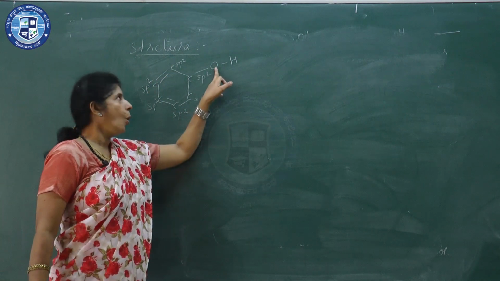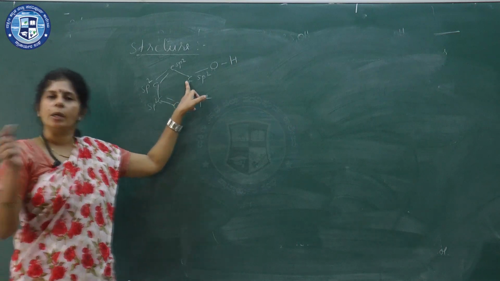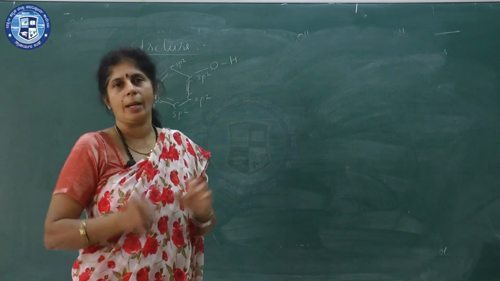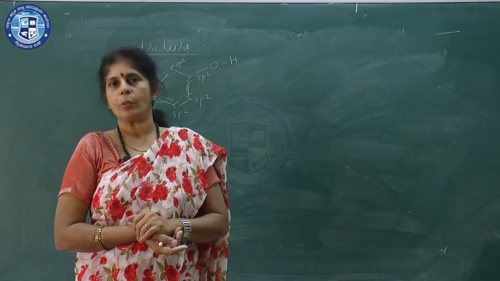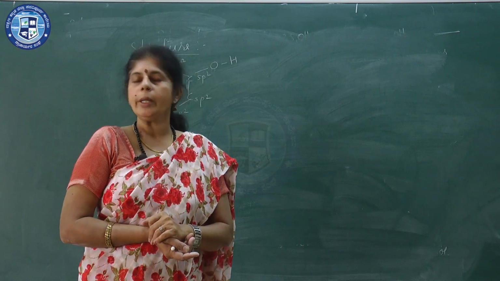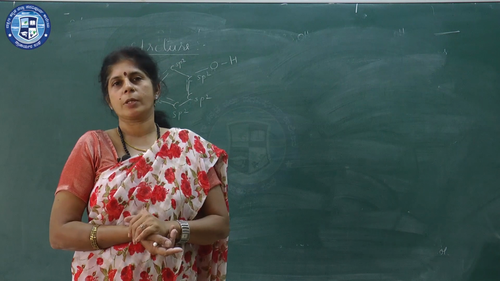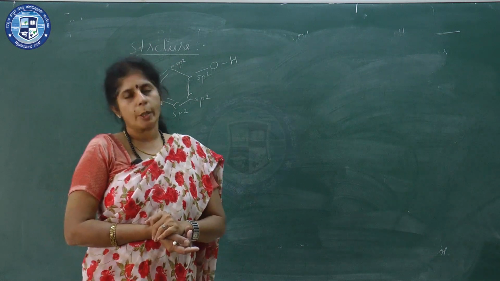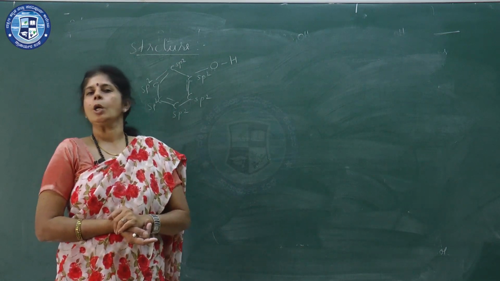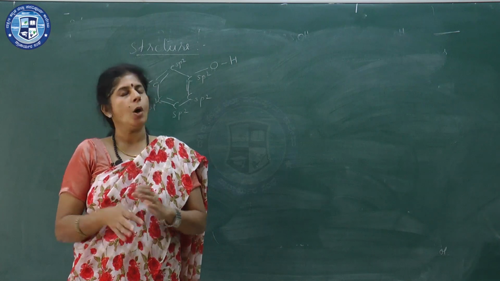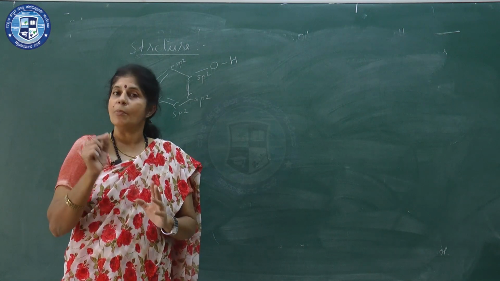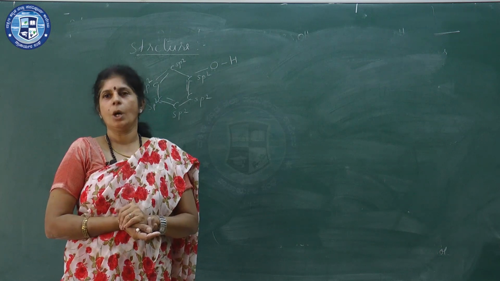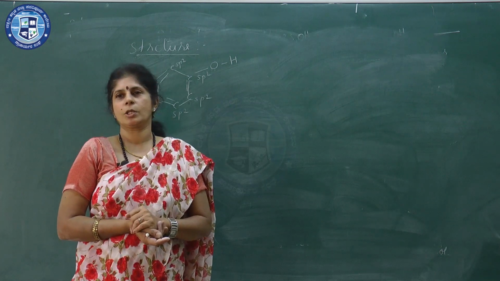That means O is linked to our sp2 hybrid carbon atoms. Whenever we come to aromatic ring structures, we have already covered some electronic effects. In aromatic rings, in conjugated systems or in arenes, we have especially the mesomeric effect or the resonance effect.